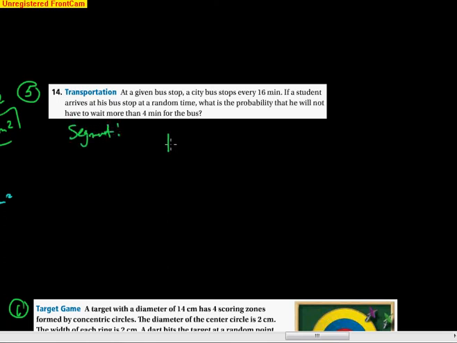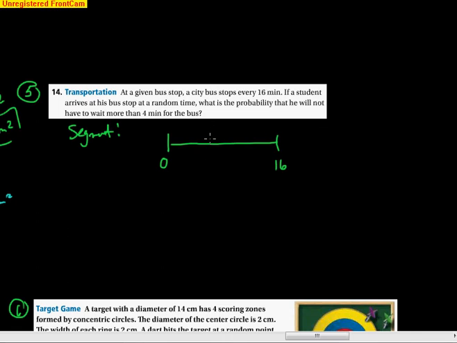So here's my segment. The bus comes every 16 minutes, so 0 to 16. So a bus comes at 16. Now, I want to see what the probability is that I do not have to wait more than 4 minutes. Okay? So let's break up this time interval into 4s, right? 4, 8, 12.